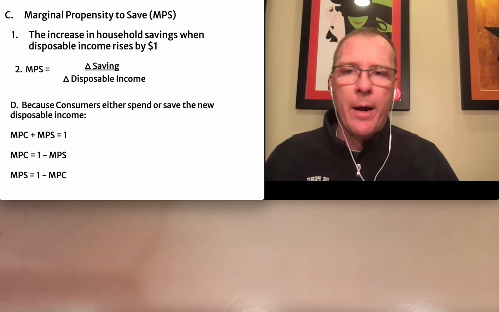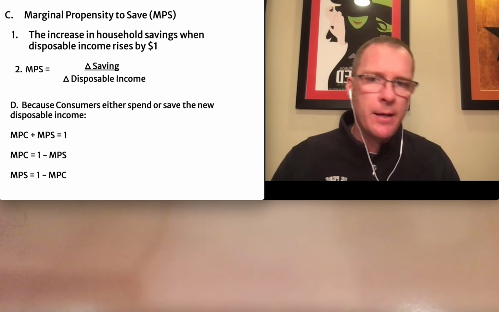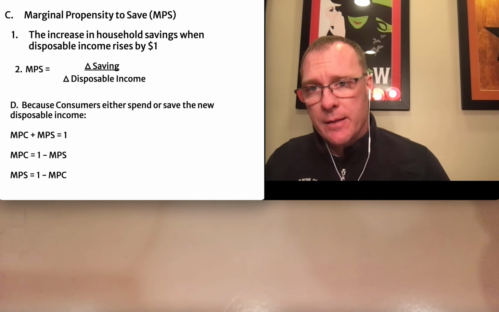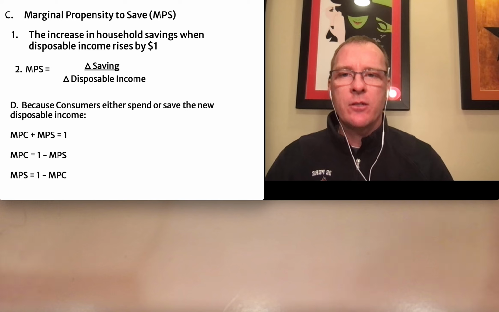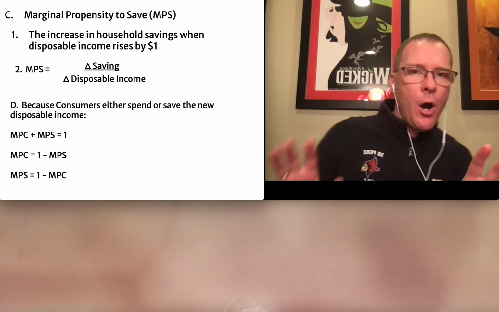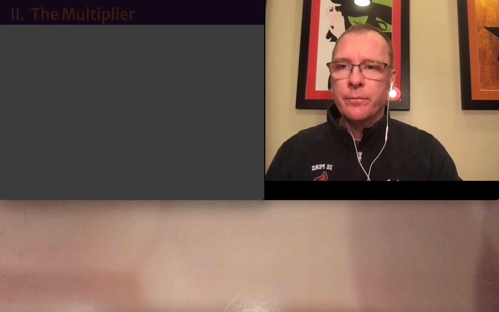And then we can write it different ways, right? The marginal propensity to consume is just 1 minus the marginal propensity to save. Or the marginal propensity to save is just 1 minus the marginal propensity to consume. So as we add these new dollars into the mix, we know how much of it we can spend and how much of it we're going to save.